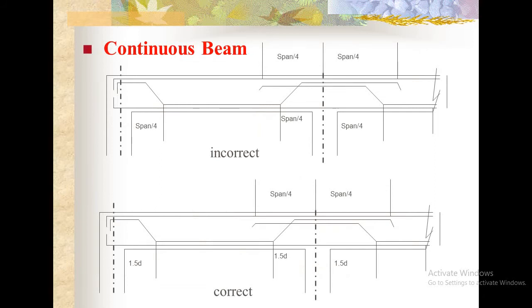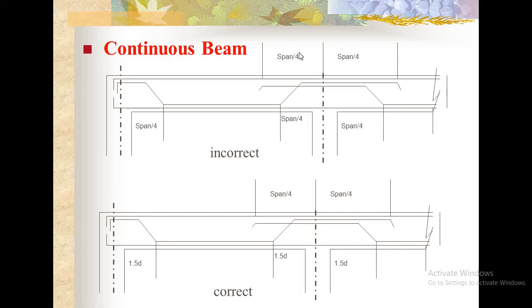In the case of a continuous beam, this is the incorrect method of reinforcement layout. Normally from span by 4, this is the distance span by 4, from that end you start the bending up of the reinforcement from either side. You see, this is the way the bottom bar is bent up to the top up to the span by 4 length like this one.